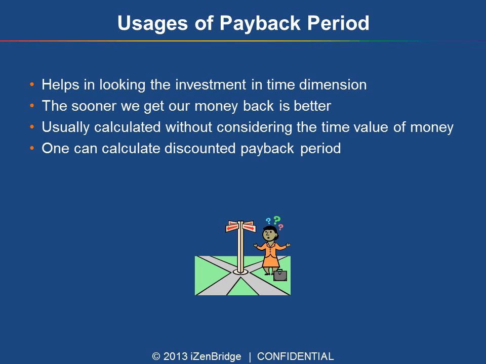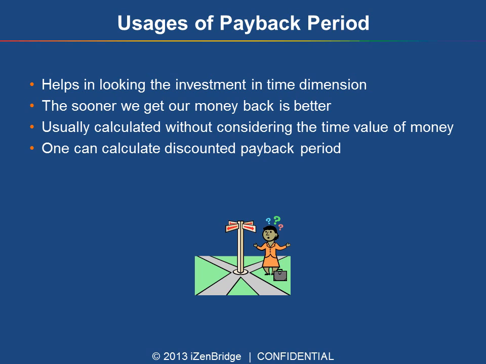So in the previous example, we have not considered the time value of money. We have not spoken about the discounted value, because if you are getting money after 1.5 years or after 2 years, the 100,000 should have been discounted, because you are paying 500,000 upfront.